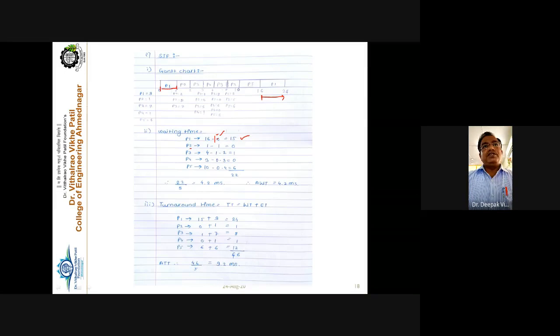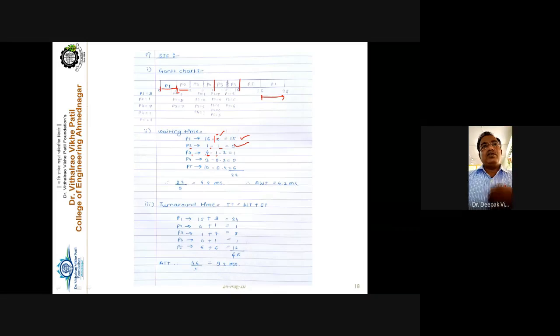P2 starts executing here, it is completely executed between the 1 to 2 slot, and arrival time is also 1. So 1 minus 1 is equal to 0, the waiting time for process P2. P3 completed its execution between this slot 4 to 10, and arrival time is 1.